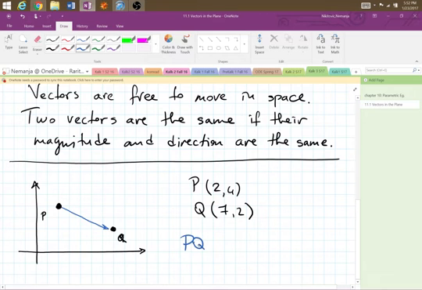The vector PQ has the initial point at P and terminal point at Q. So we're going to find that vector by subtracting 7 minus 2, comma, 2 minus 4. So that vector is 5, negative 2.